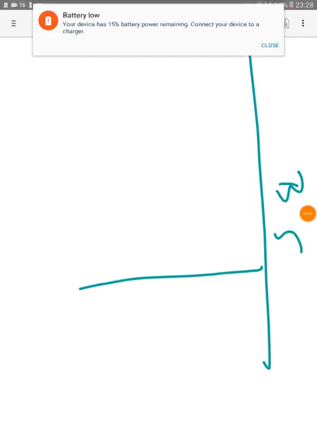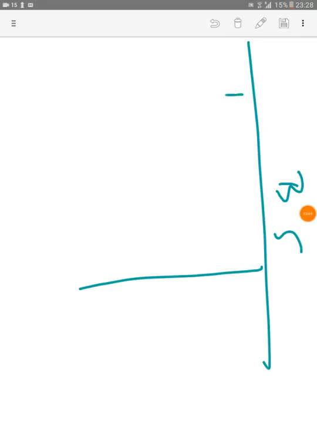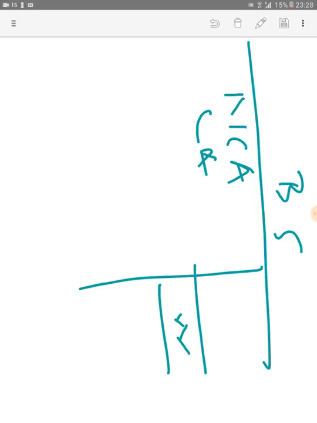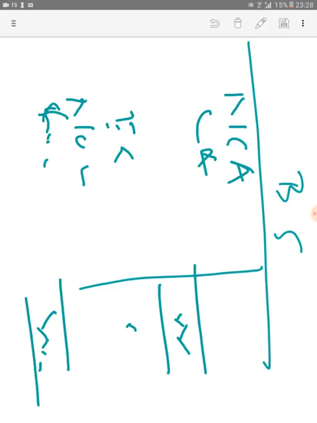But if you want to understand what IAS 1 is, think about structure. When we see a balance sheet like this, you see non-current assets, current assets, total, then comes the equity, non-current liabilities, short-term or current liabilities, and the total equity and liabilities.